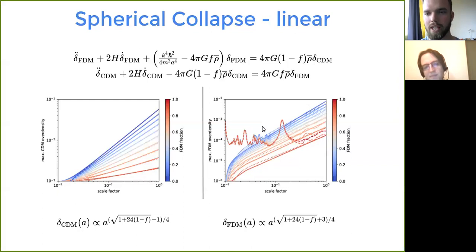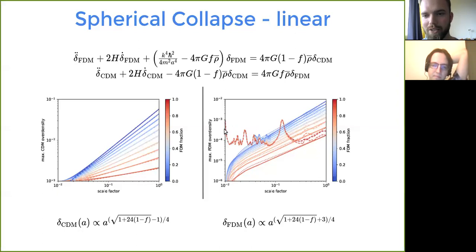Additionally, we show that this is not an artifact of our very artificial initial conditions by also initializing an overdensity in fuzzy dark matter, and that's the dashed lines. And since we are below the Jeans scale, this overdensity is unphysical, and indeed what we find is that it immediately disperses.